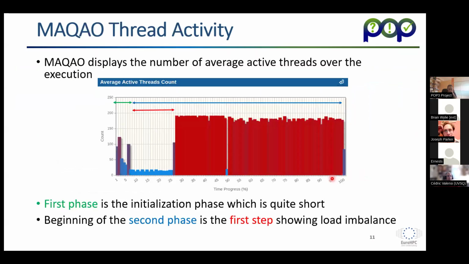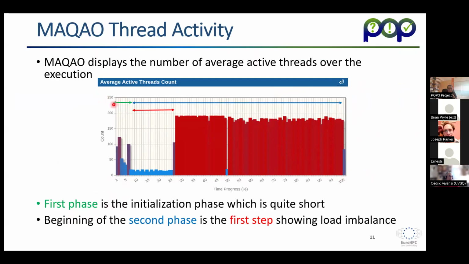And after that, this is a graph that comes with the thread activity ratio, the global metrics that I showed earlier. Here, for instance, this shows the activity of the threads over the execution of the application.